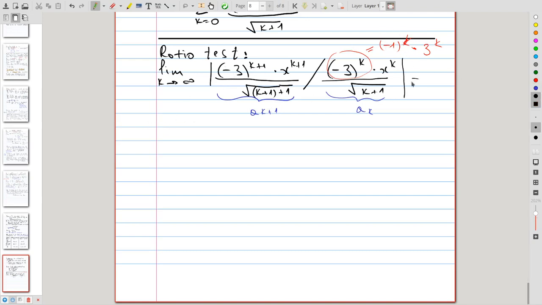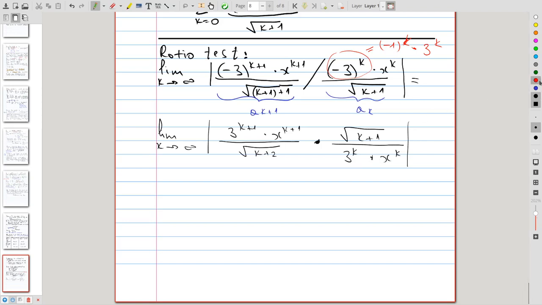So this becomes the following limit: 3 to the k plus 1 times x to the k plus 1 divided by square root of k plus 2, and then multiplied by, I'm going to flip the second quotient, square root of k plus 1 over 3 to the k times x to the k.